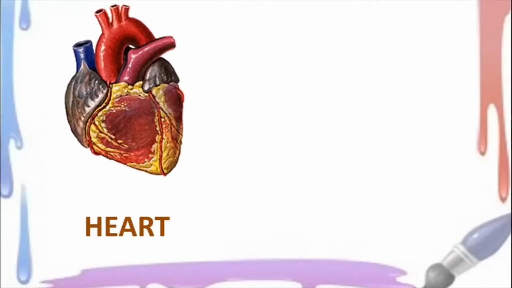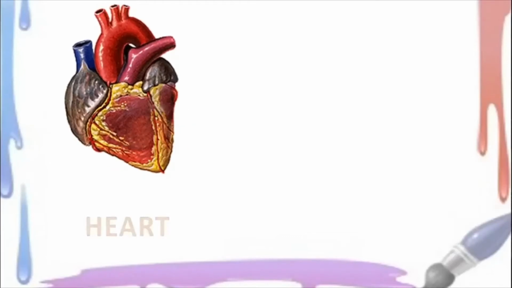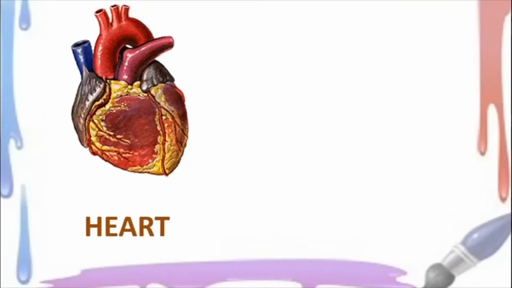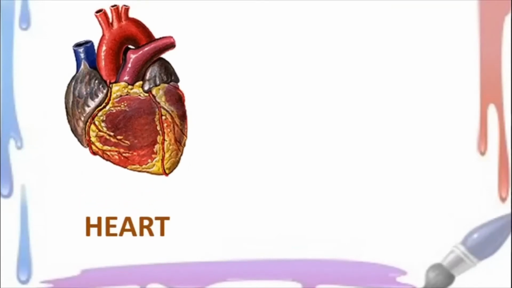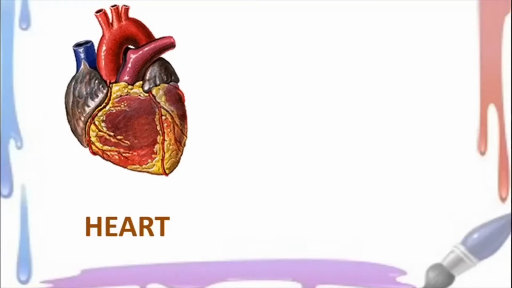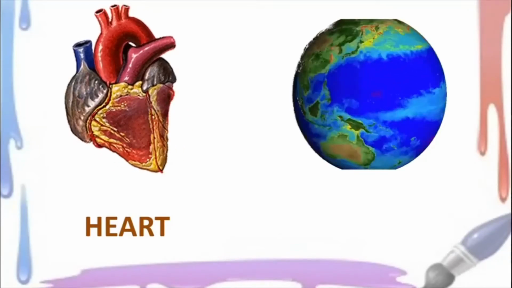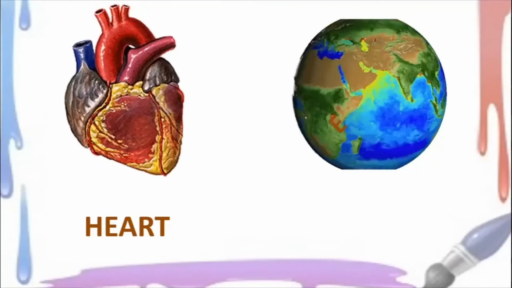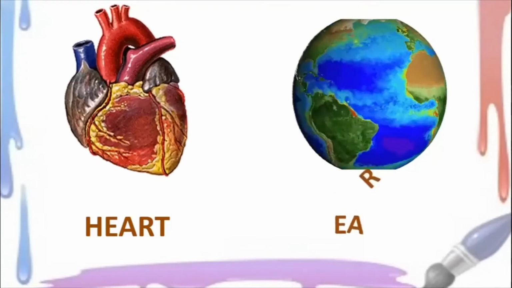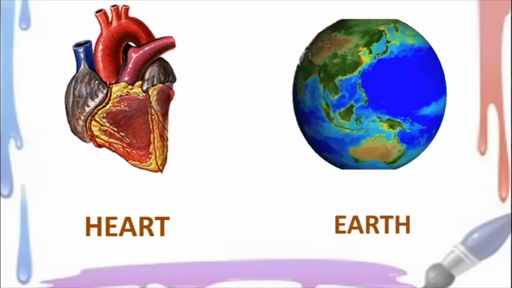Now let us see what the spelling of heart is. It is H-E-A-R-T. How will you rearrange the letters in this word to form a new word? Yes, we can rearrange them and form a new word, that is earth. E, A, R, T and H, earth.